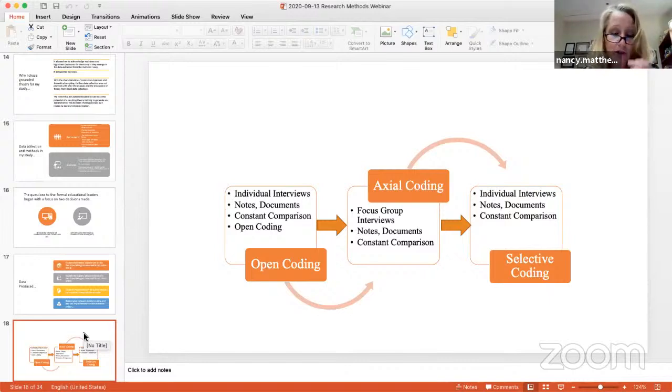So then going through axial coding, I reread the data and I looked at the relationship between the categories and got to 10 categories with subcategories. Then continuing with that, looking at the concepts of the categories to make them denser, to get to 5 categories with subcategories.